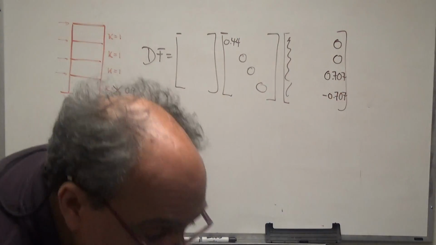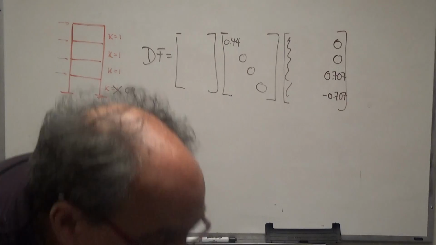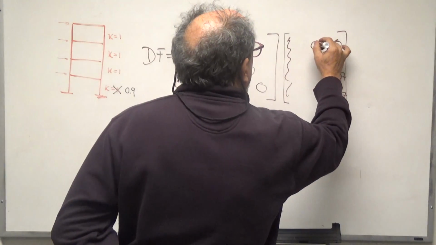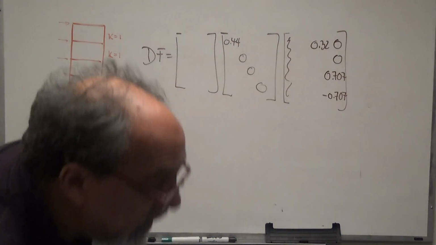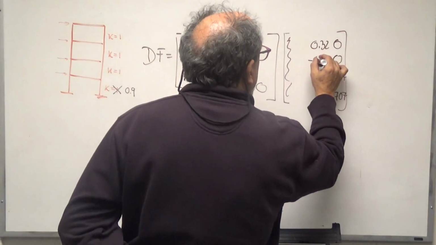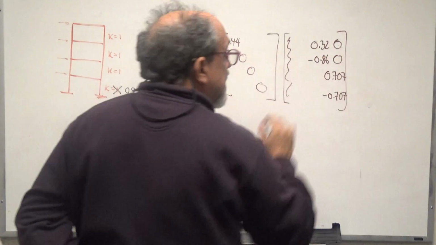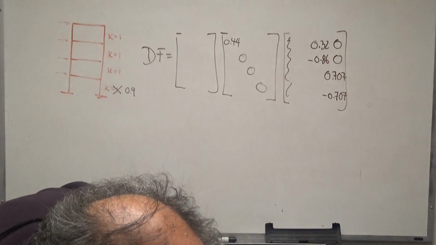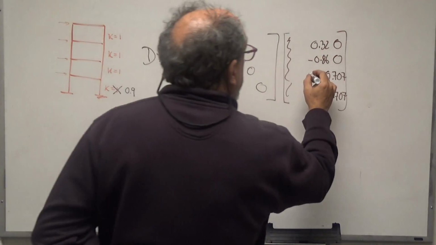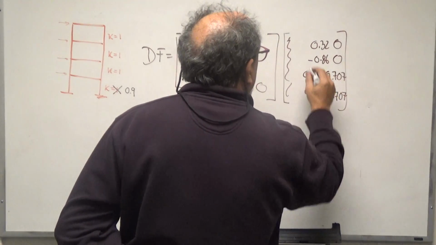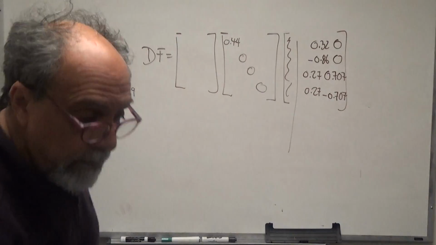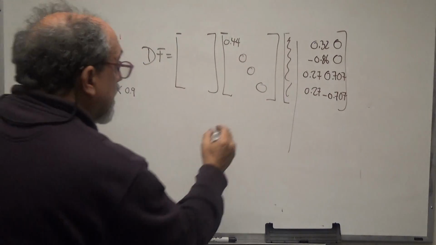The next column is 0.32, minus 0.86. I'm rounding to 2 digits. 0.27 and 0.27. And the third column is 0.8.